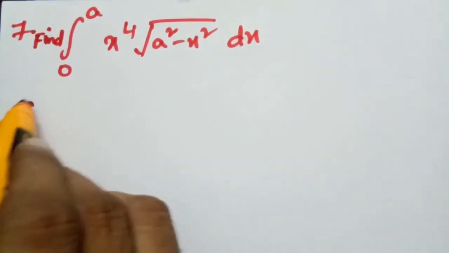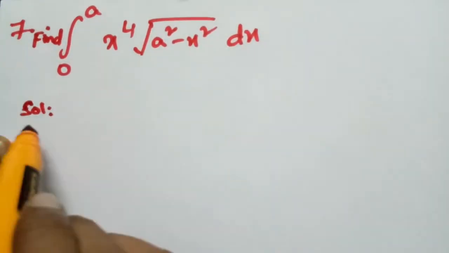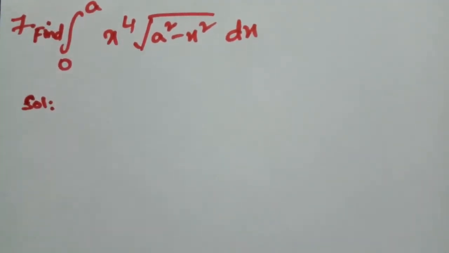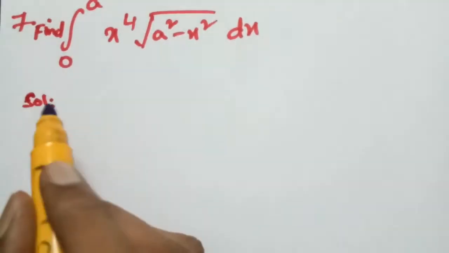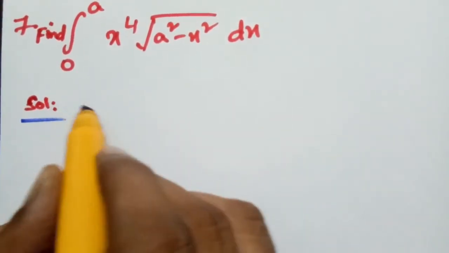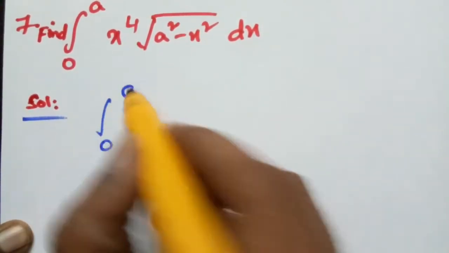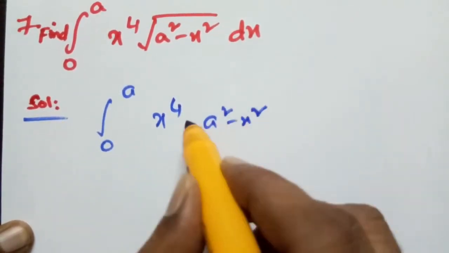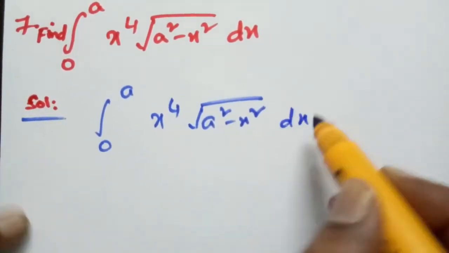Find the integration, or evaluate. Therefore, given integration 0 to a x power 4 square root of a square minus x square dx.